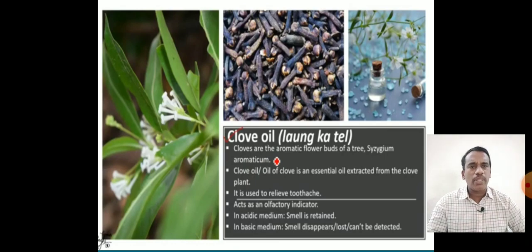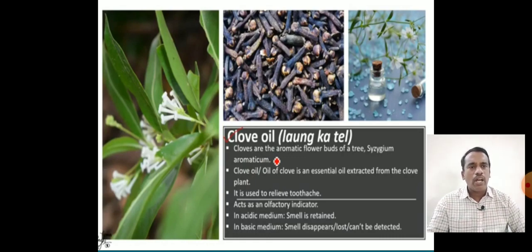What is the main purpose? If any person is having a severe toothache, you can place it in the region where the person is feeling pain, so that he will be free from the pain. So clove oil is used to relieve toothache.